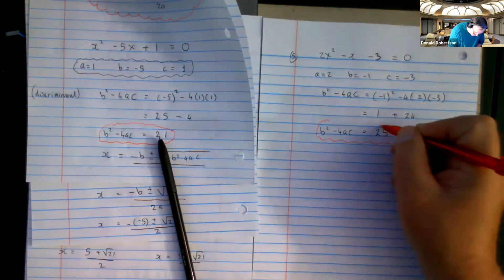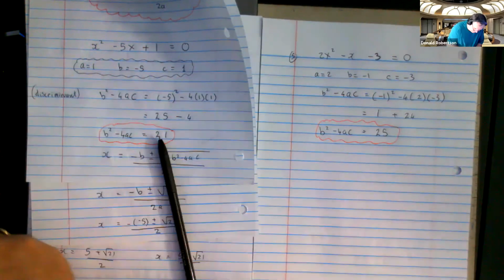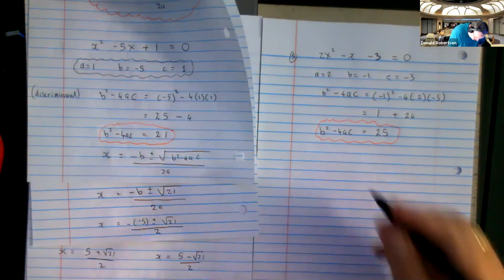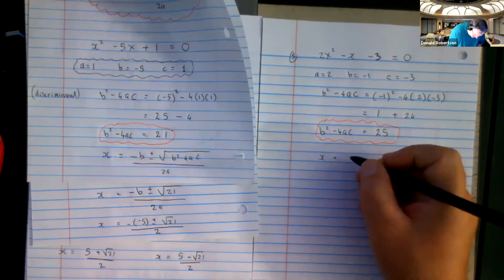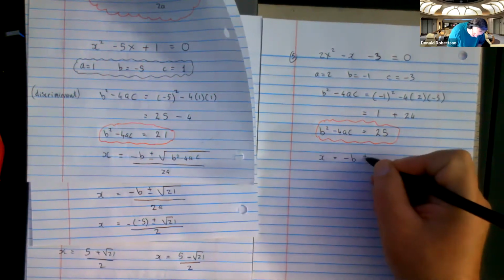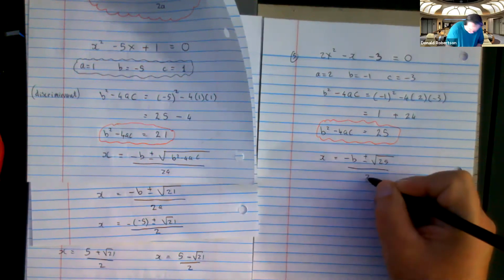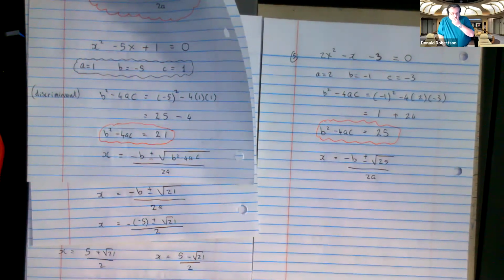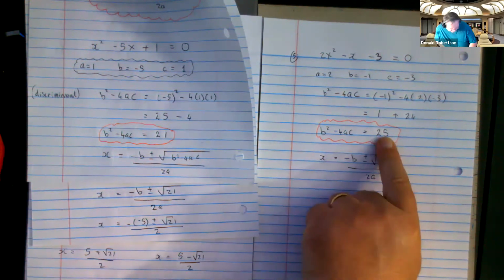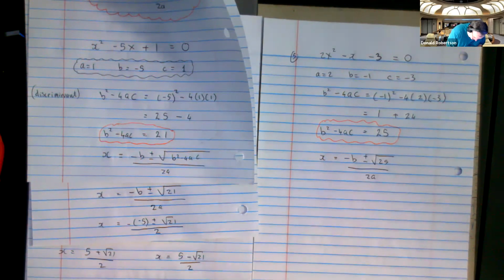So find the discriminant first. And then we can do x equals -b plus or minus the square root of the discriminant over 2a. See, that formula is much easier to deal with because the ugly guy inside the square root is 25, so I can just use 25 there now.